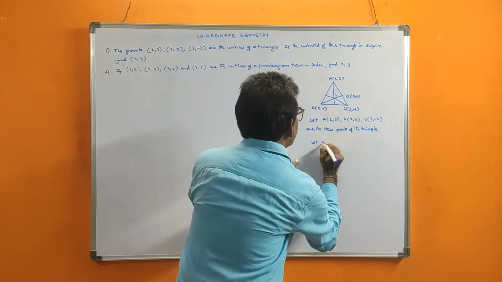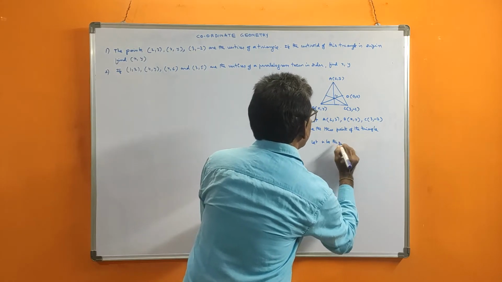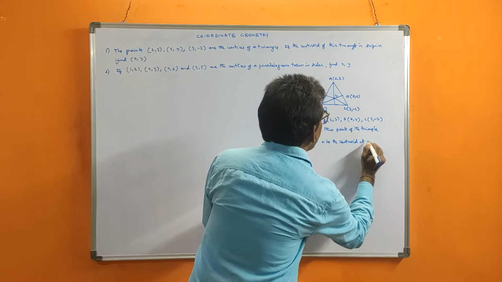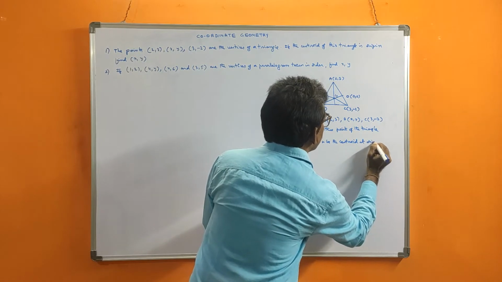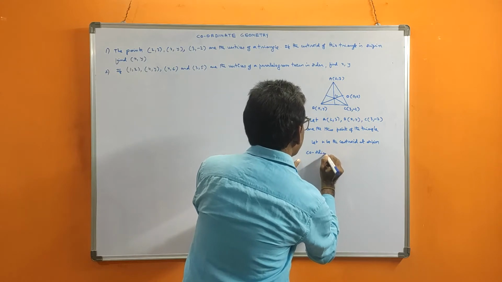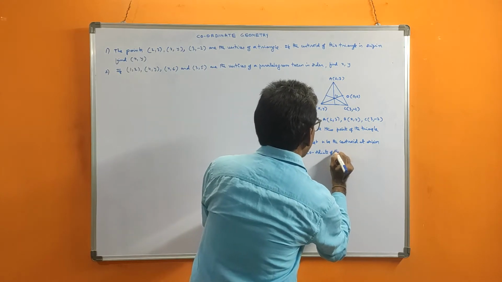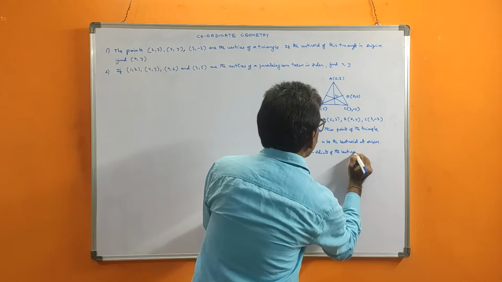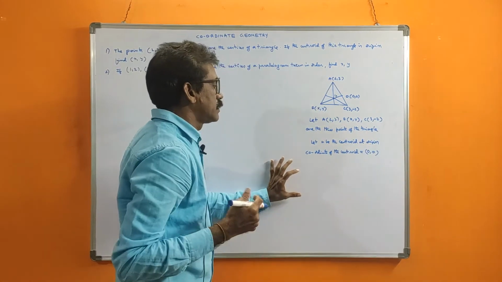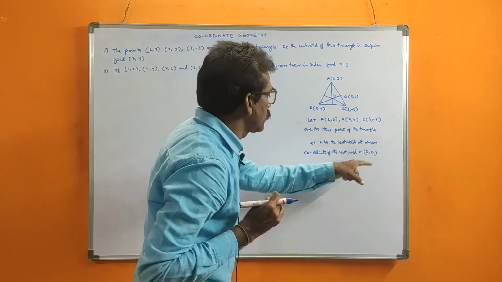Let G be the centroid at the origin. Therefore, the coordinates of the centroid are (0, 0) because it is at the origin. So the coordinates of the centroid are (0, 0).